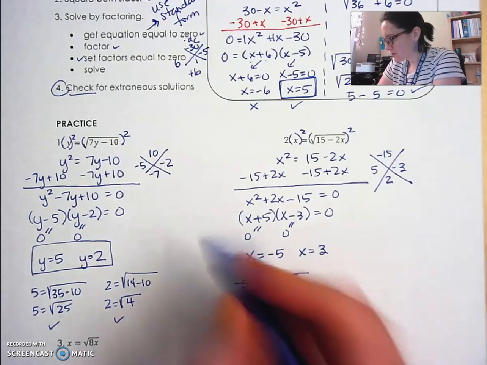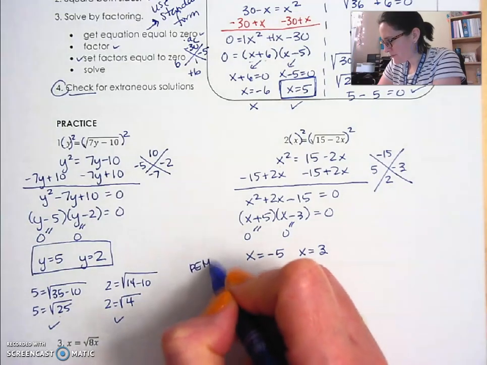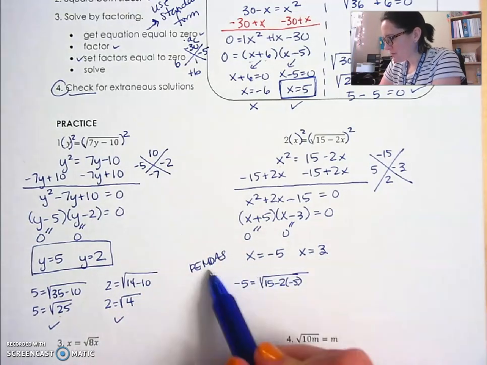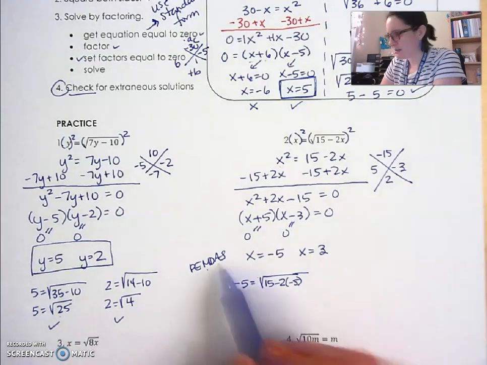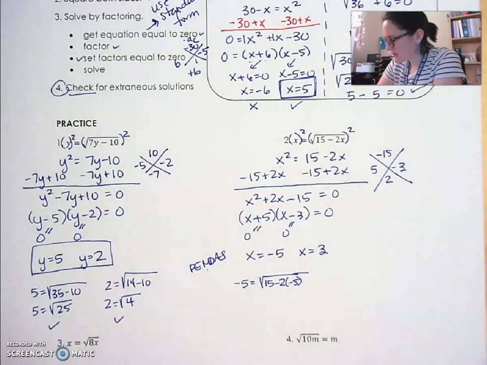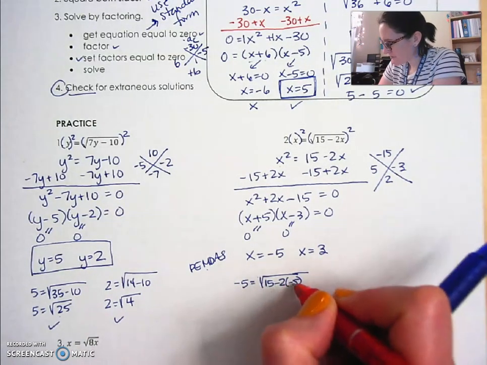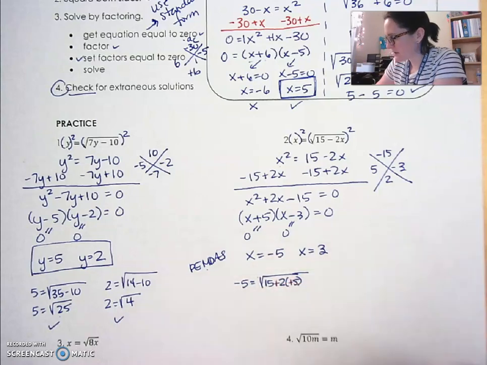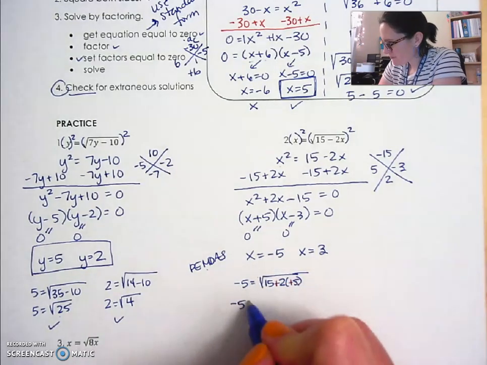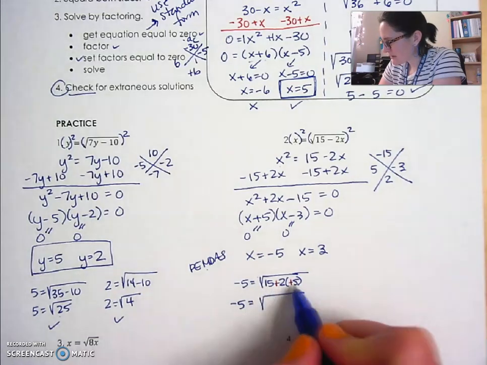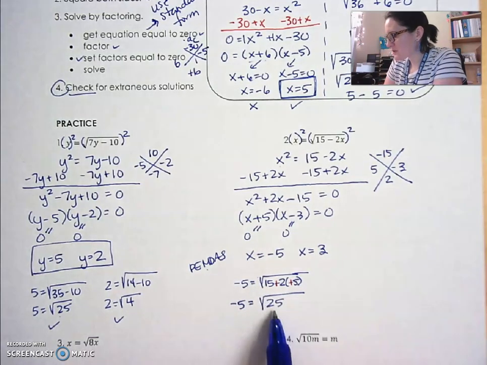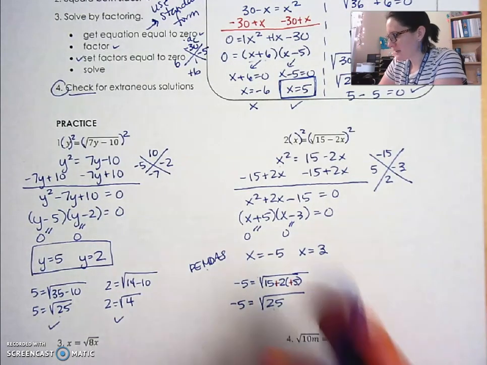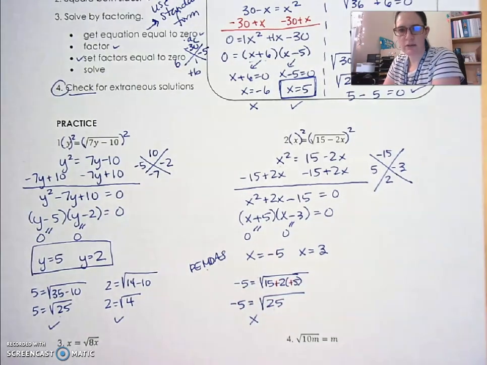You have to follow your order of operations here and do multiplication before addition and subtraction. So this multiplication is a negative 2 times a negative 5. That's going to be a plus plus situation. So 15 plus 10 is 25. So square root of 25 is positive 5, does not equal negative 5. So that one doesn't check out.